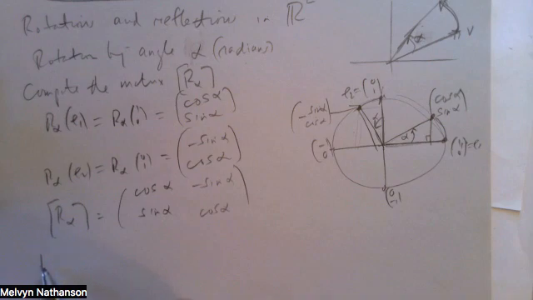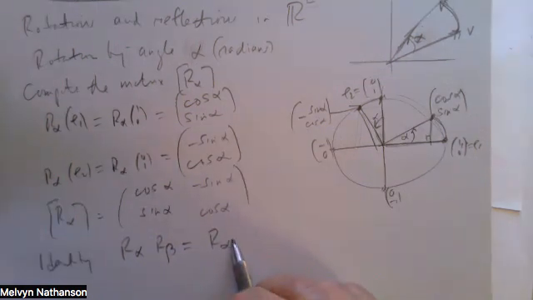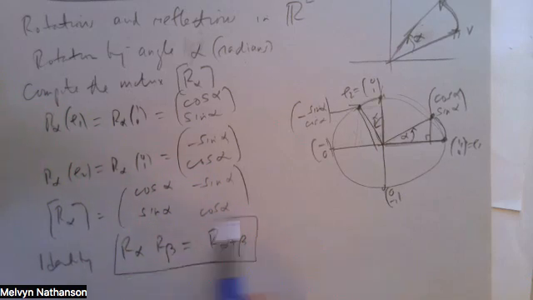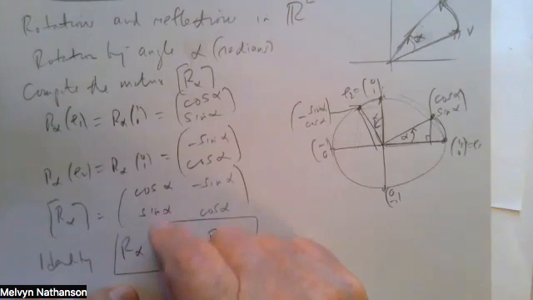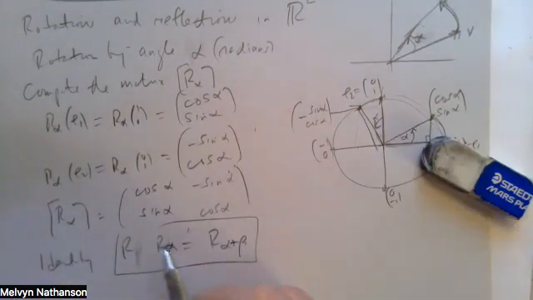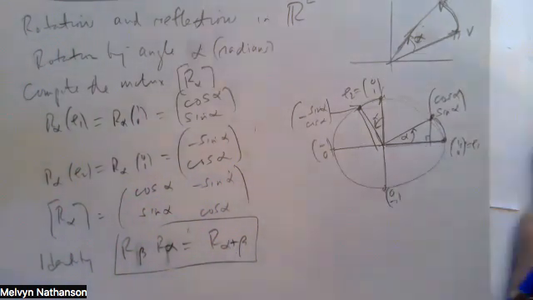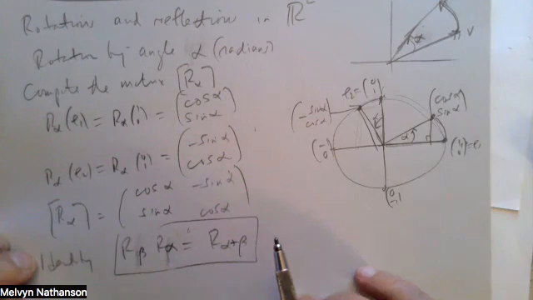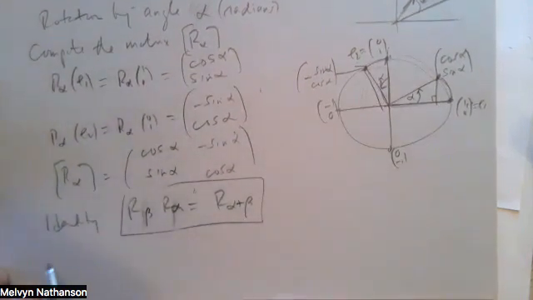So we have the simple identity that R alpha R beta is R alpha plus beta, right? If you rotate by alpha and then you rotate by beta, the net result is a rotation by alpha plus beta. And let's see what this says in terms of the matrices.